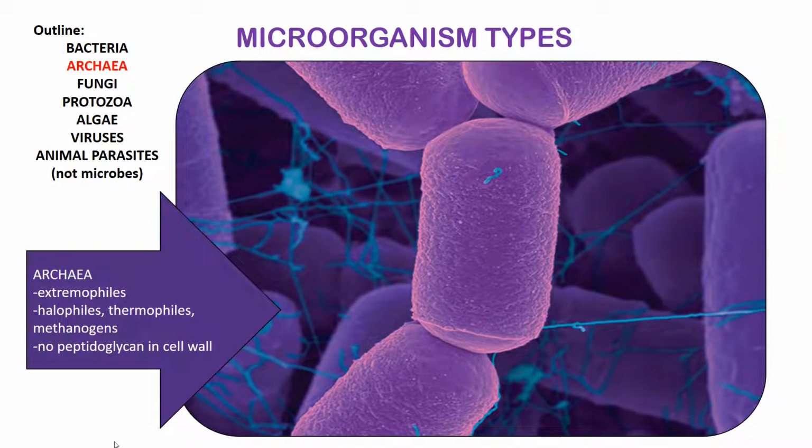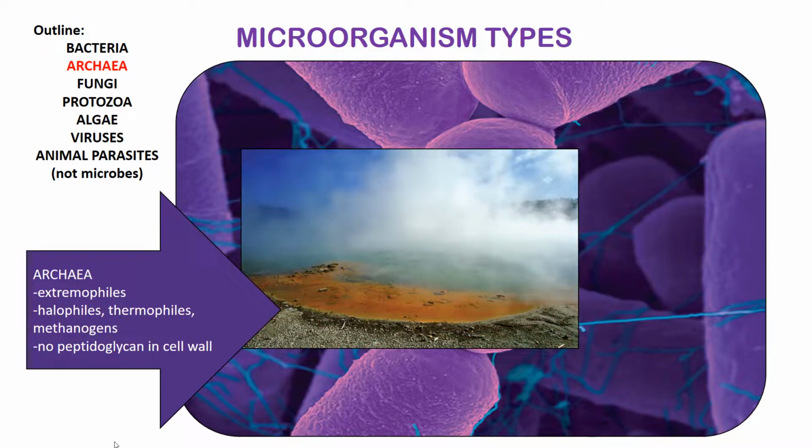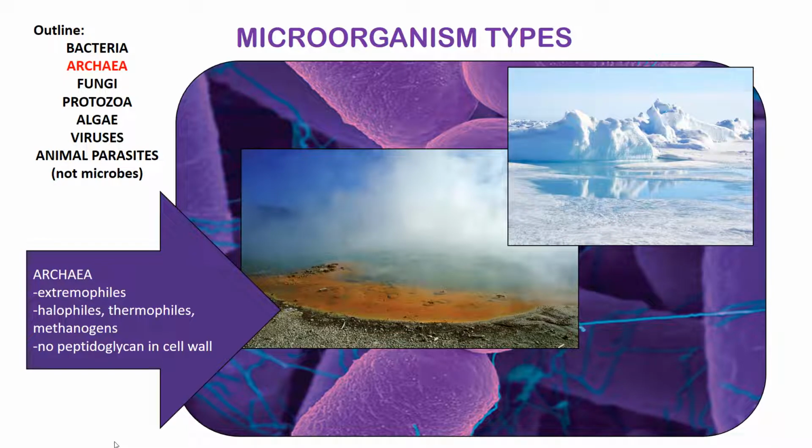Archaeobacteria are prokaryotic cells that live in extreme environments. So it's hard for us to imagine how these organisms live in these environments. For example, in hot springs, in areas where salinity is high, or in deep ocean vents where temperature and pressure is very high, or even in ice-cold regions.